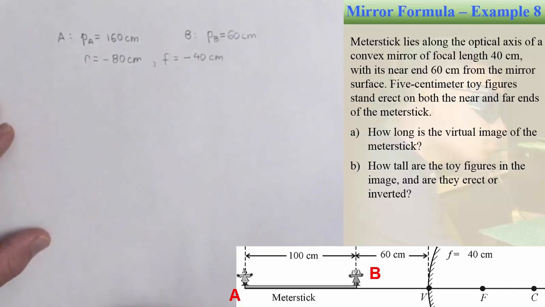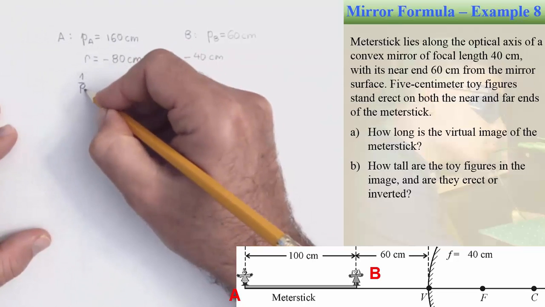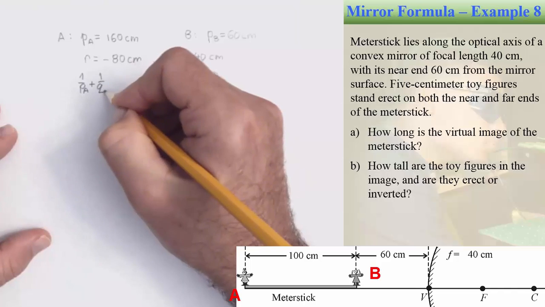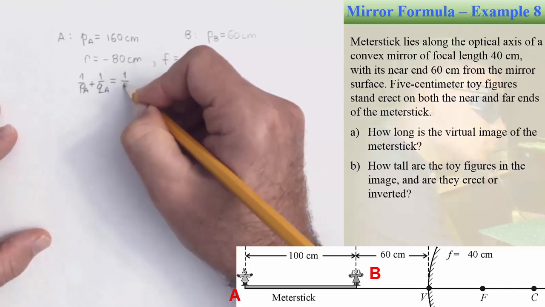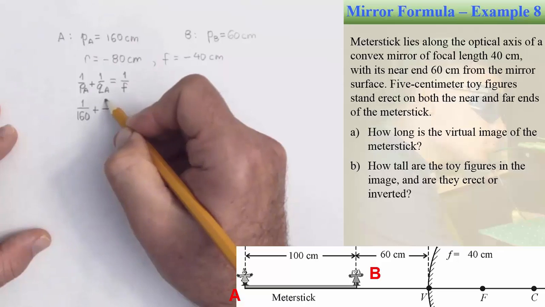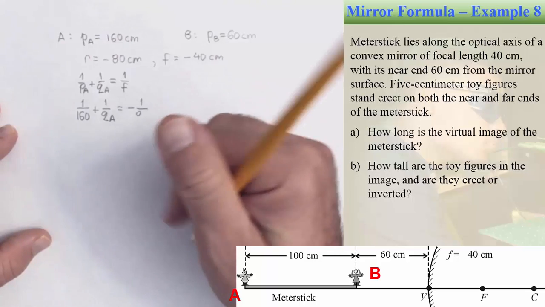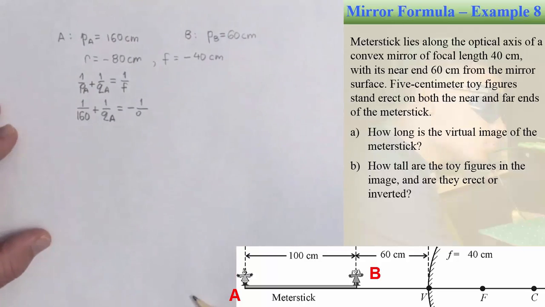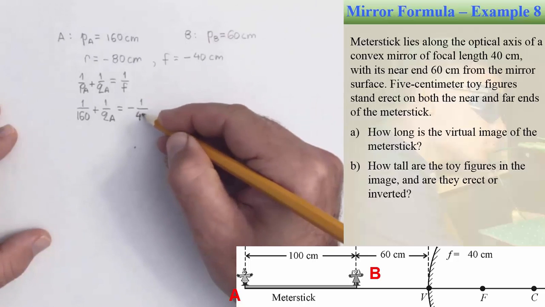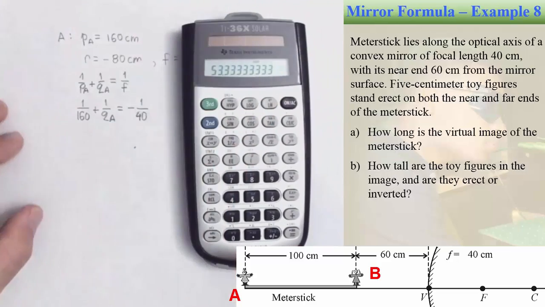Now let's apply the mirror formula to the case of toy figure A and toy figure B. Here we can use the calculator to calculate these two fractions.